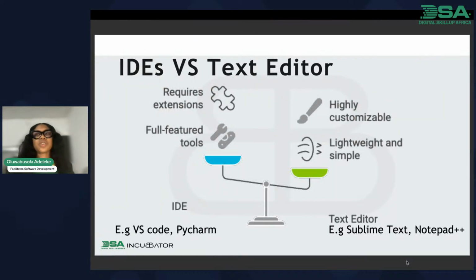Now, there are two different types of things that you can use to actually code. We have the IDEs and we have the text editor.